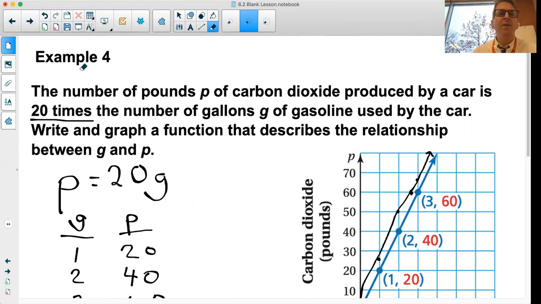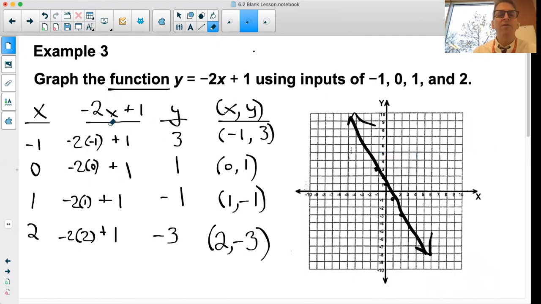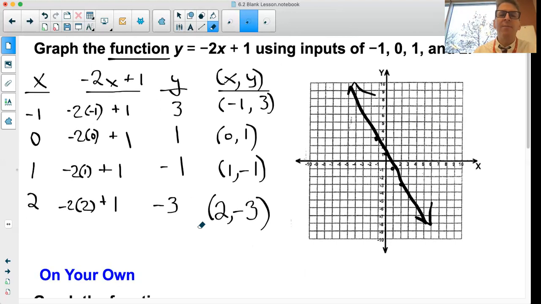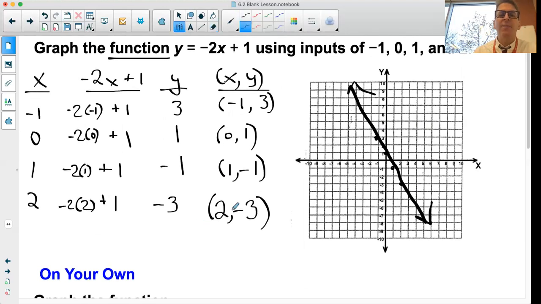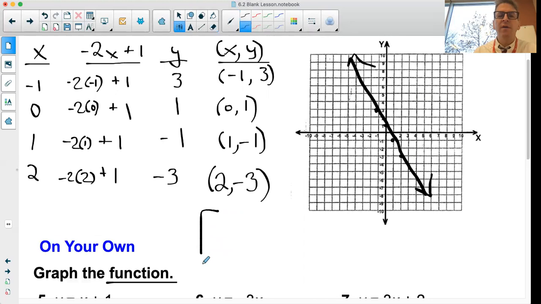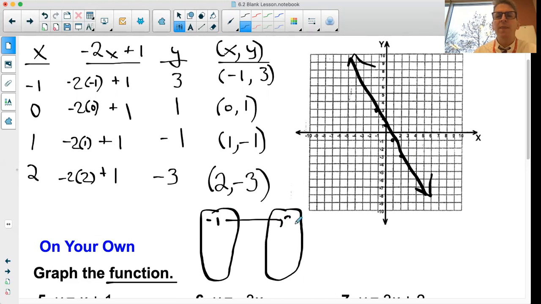We also can show functions by the use of an input-output table, similar to the one we drew in example 3, an input-output table. We also can represent functions by using mapping diagrams. So you could take your hockey rink 1 and hockey rink 2, and you could map the function: -1 goes to 3, and 0 goes to 1, and 1 maps to -1.